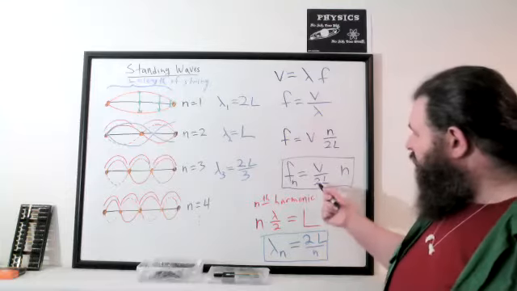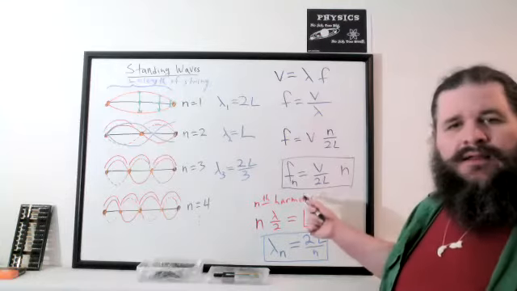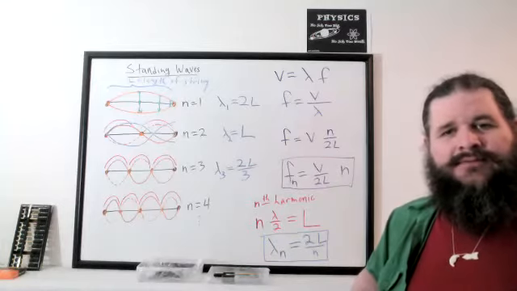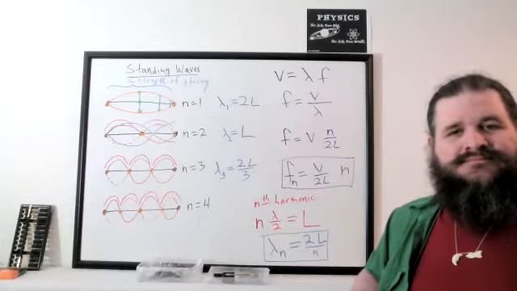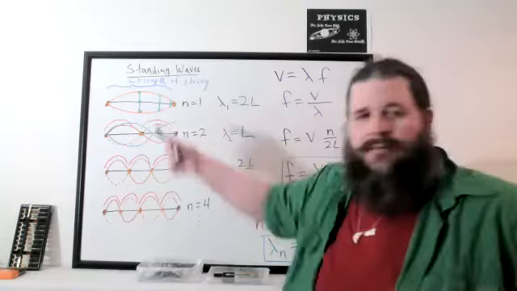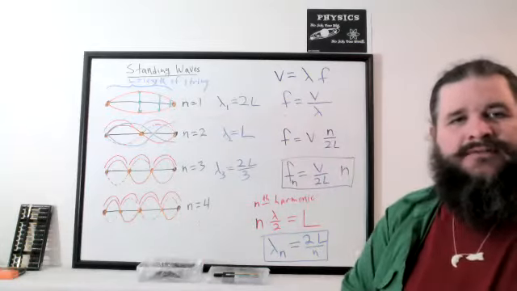And specifically that baseline value, V over 2L, is just the frequency when n is what simple value? Yeah, V over 2L is the frequency of the fundamental harmonic, also called the fundamental frequency.